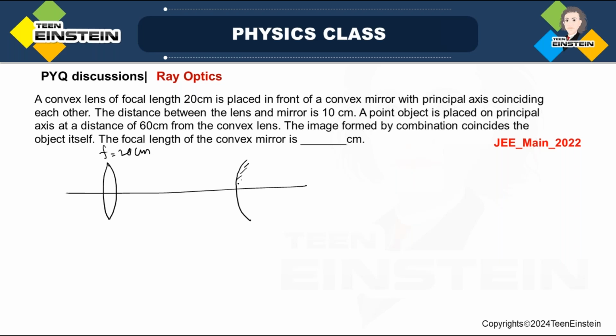As you know, this side will be polished, and the convex side will act as a mirror. Okay, and it is said that the distance between the lens and the mirror is given as 10 centimeter. I think I have drawn it too far.